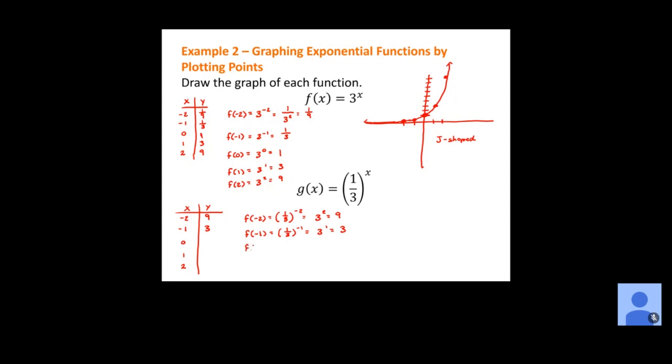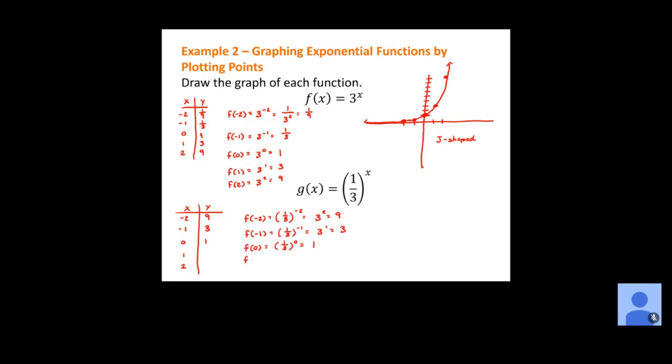Now we can do 0. So we have f of 0. 1/3 to the 0 would give us what? Just 1, right? Anything to the 0 power, always going to be 1.